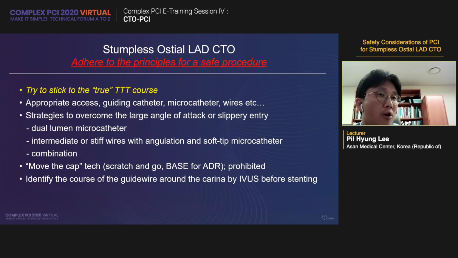To overcome the large angle of attack or slippery CTO entry, we may have to make sensible selection and use of our gear, starting from the access to the guide wires. The CAPTEC would not be an option to be considered, and we should have a habit of identifying the appropriate course of the guide wire around the carina by intravascular imaging every time before stenting.